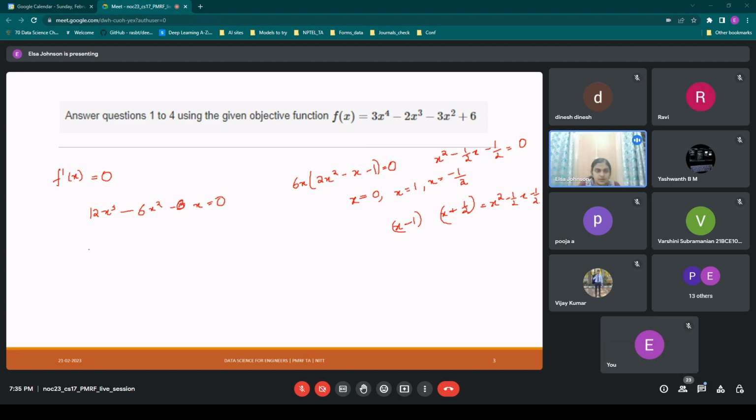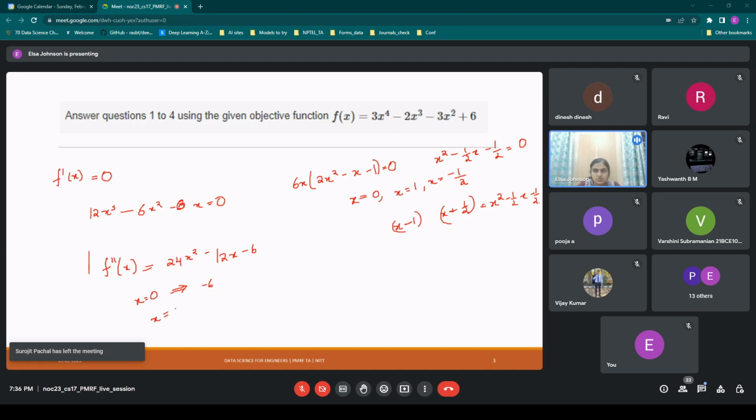Then f double dash of x, you have to find out. So again 24x square minus 12x minus 6. You have to put these values. x equal to 0 will give you some value. Can anyone tell me who has solved? Minus 6 will be coming, right?